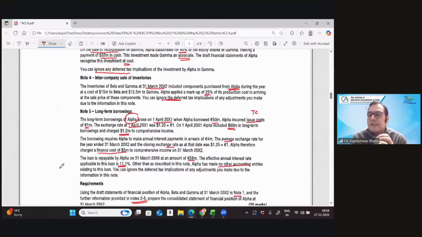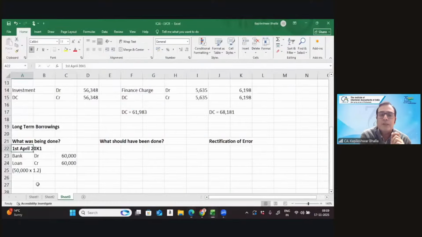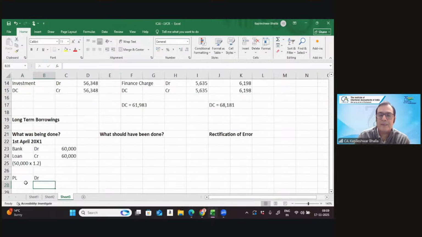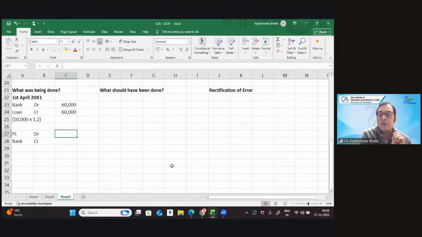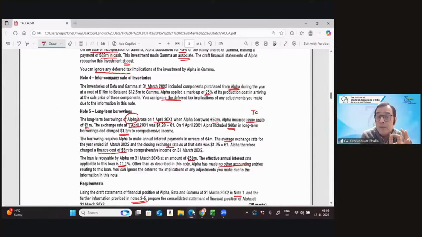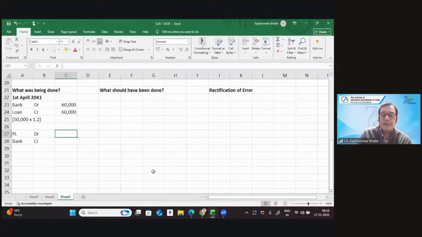Then it says that the company in this particular case had an issue cost of 1 million euro, and that was taken to the comprehensive income. So on 1st April, we also incurred an issue expense. What is the entry they did? Let me put it as profit and loss debit, and the bank gets a credit, for the amount of issue expense recorded, which in terms of thousand, 1 million became 1.2, so 1,200.